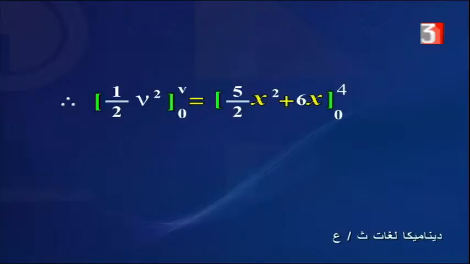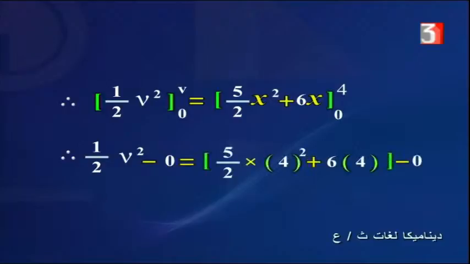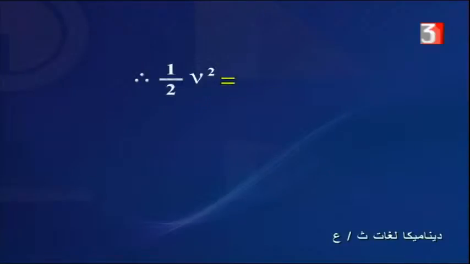Now, half v power 2 minus half 0 power 2 equals 5 over 2 times 4 power 2 plus 6 multiply 4 minus 5 over 2 times 0 power 2 plus 6 times 0. Then the integration of the left hand side equals half v power 2, and the integration of the right hand side equals 64.